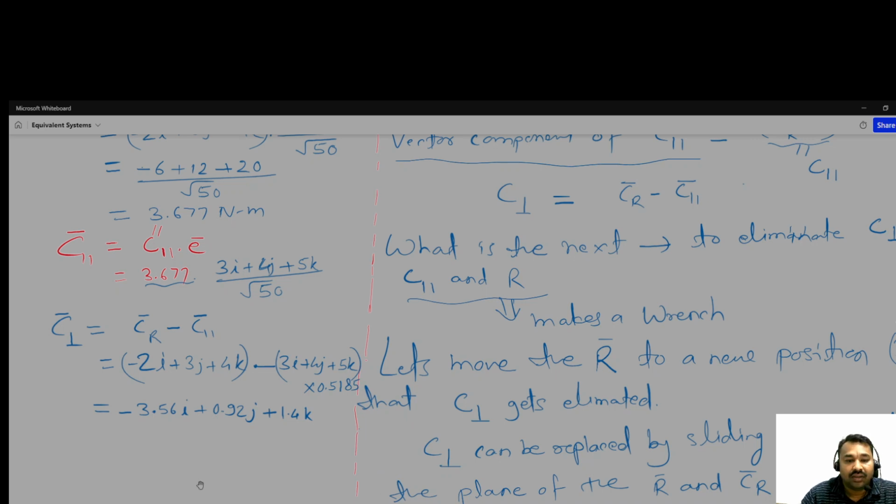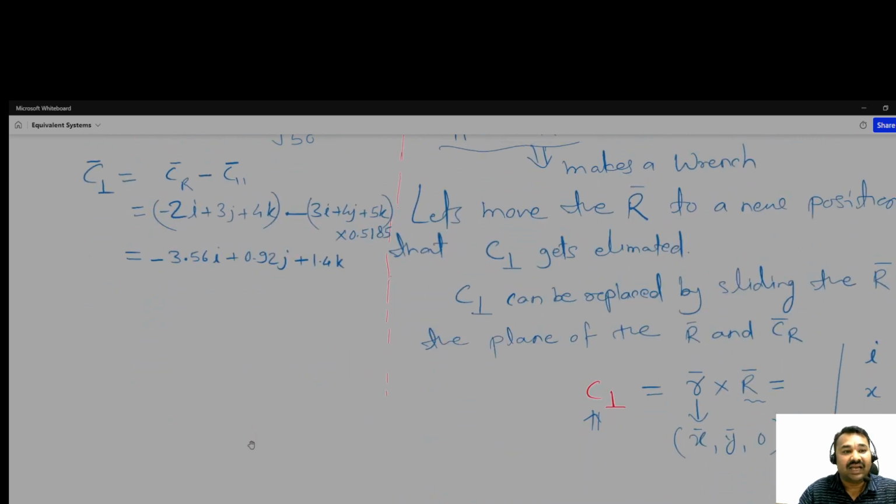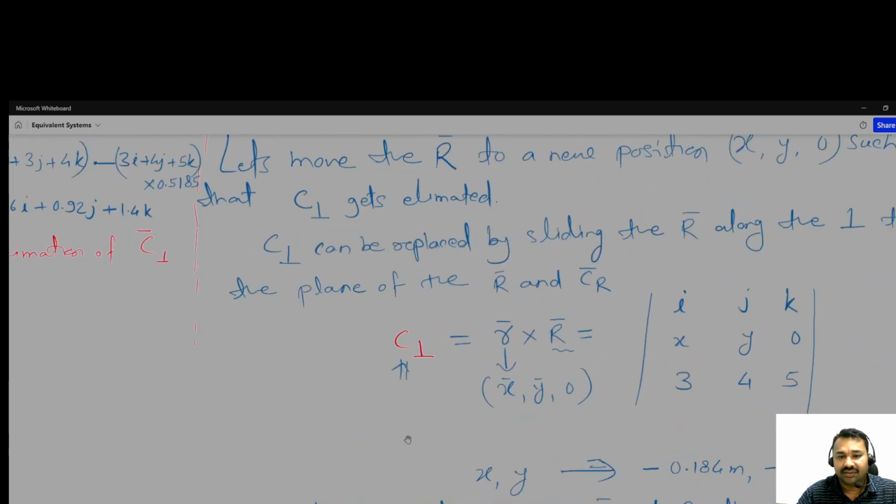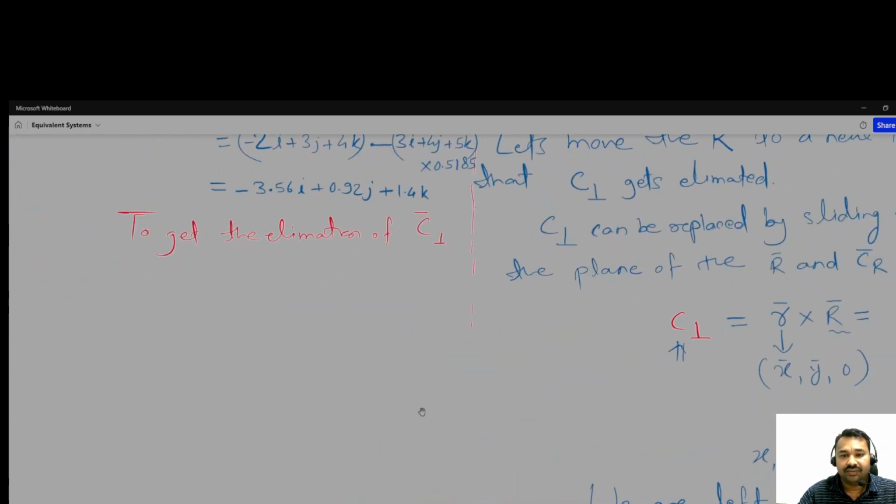Okay, so what is the next? This I have already explained. Our purpose is to get the elimination of C perpendicular. Okay, so what did we do? This matrix we can take here. So see, this is C perpendicular in vector form is equal to what?